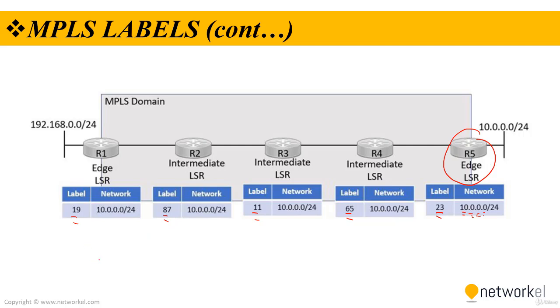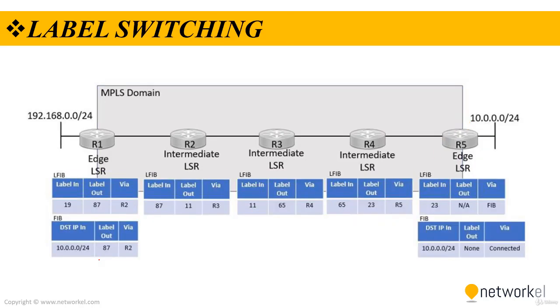What you should notice from this is the local significance of the labels, guys. Each router, regardless of whether it is locally connected to network 10.0.0.0/24 like router 5 or not locally connected like the other routers, generates a local label for the network it knows about, regardless of how it learned about it.